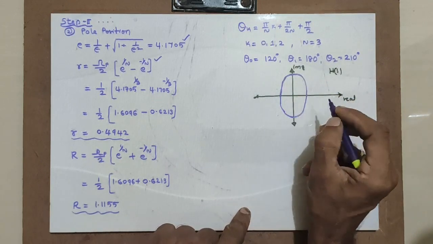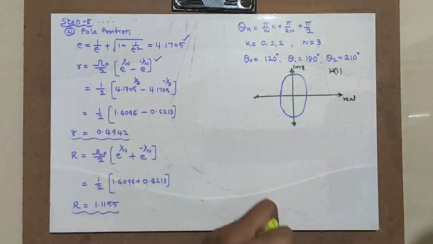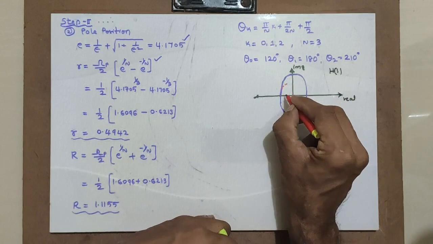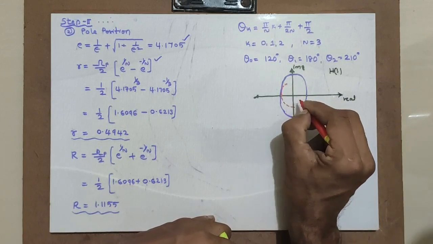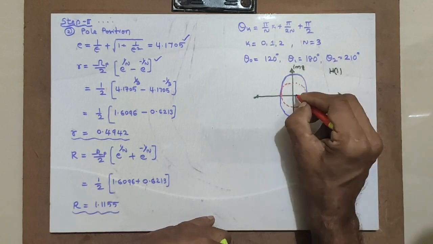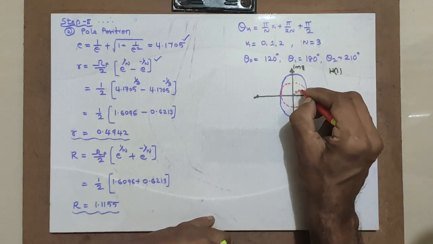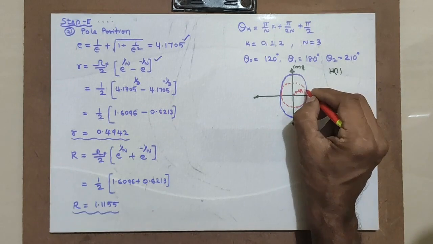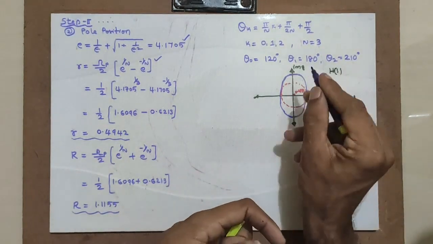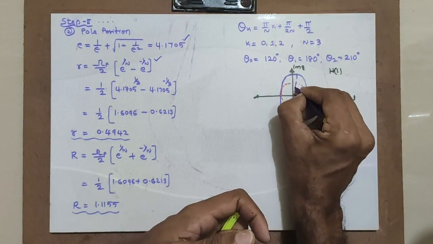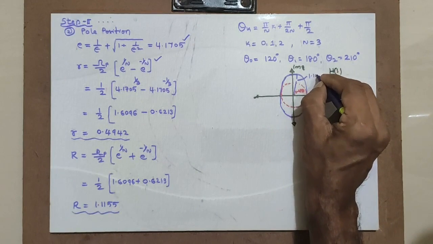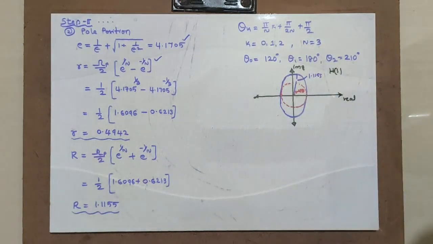Now here you have the minor axis circle, which is 0.4942, whereas the major axis is 1.1155.